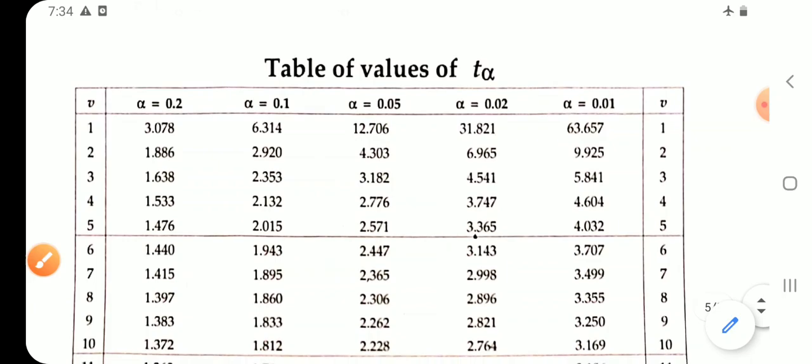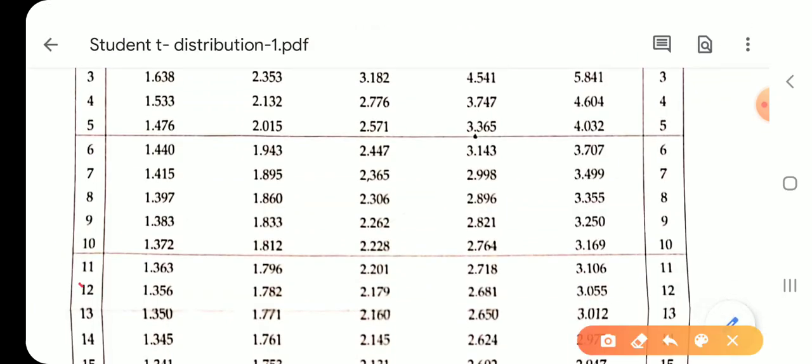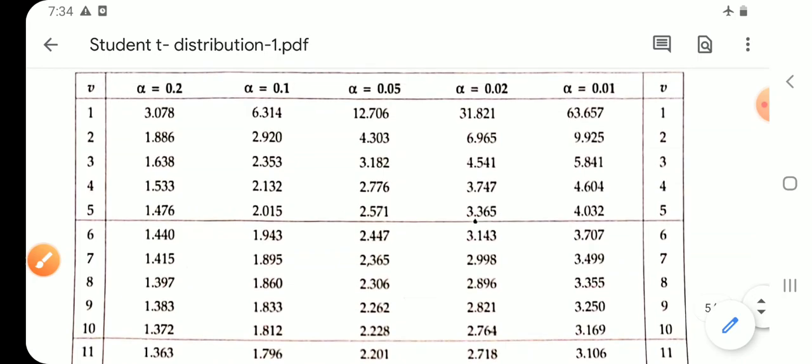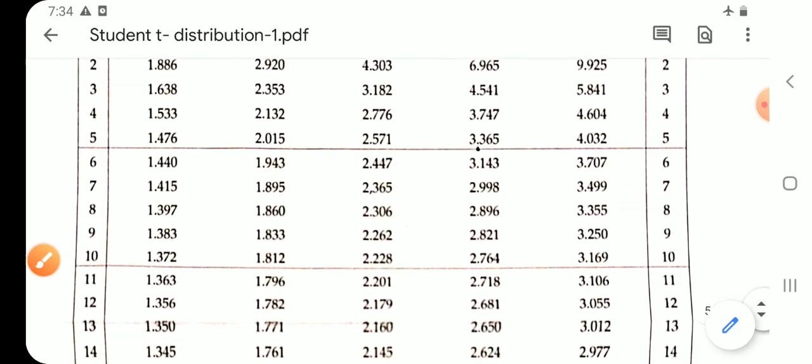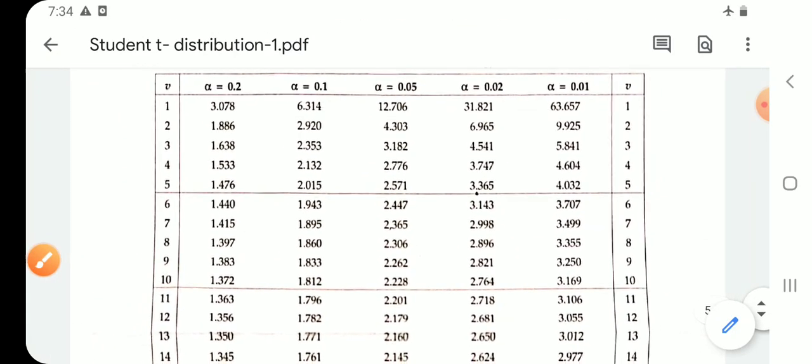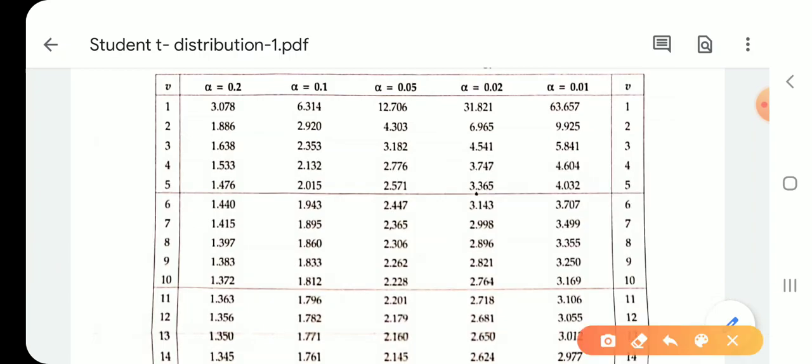Degree of freedom is 11, and at 0.05 we have to coincide this. So, I will make it small so that you can see. 11 degrees of freedom at 0.05, it is 2.201.